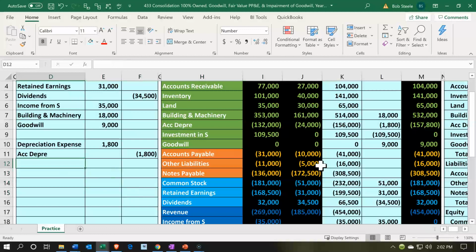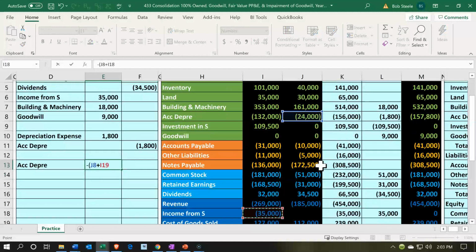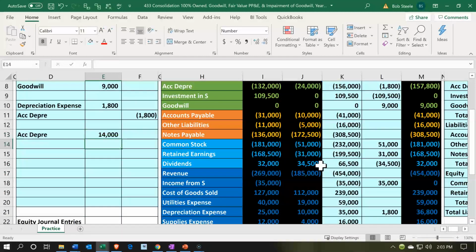So we're going to do our standard transaction there. The standard transaction was to say accumulated depreciation, we're going to decrease that by, I'm going to say negative brackets of this amount plus this amount. And again, this is another area where in real life, we would just be picking up this amount most likely from the financial statements at the point in time of the consolidation rather than backing into it with these numbers from a year later.